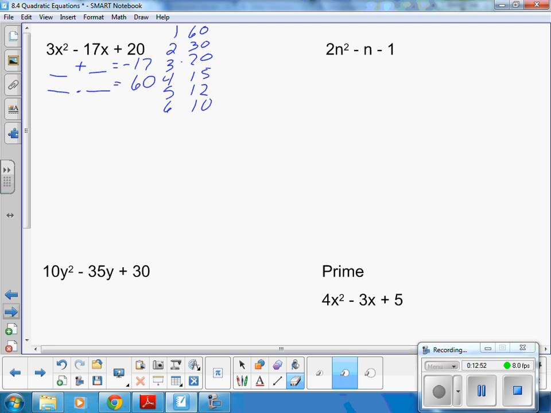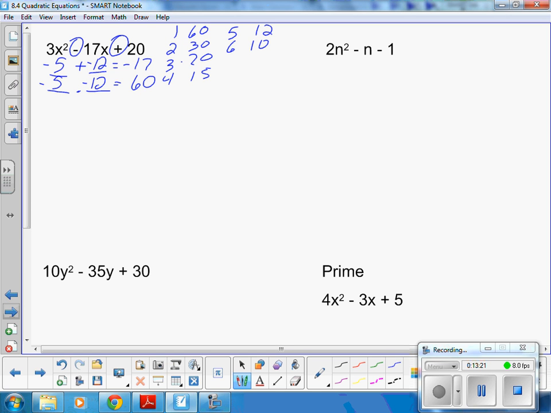Okay, I'm going to move these two up here so it's not in my way. 5 and 12 is 60, and 6 and 10. I need the signs to be the same, so they're both going to be negative. So a negative 5 and a negative 12, because I want a positive 60.